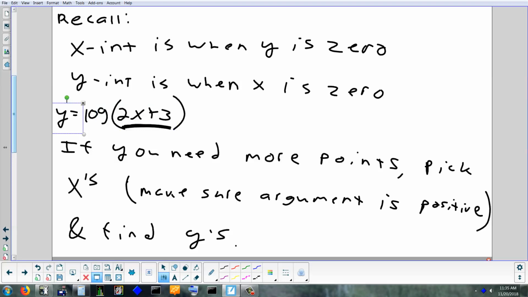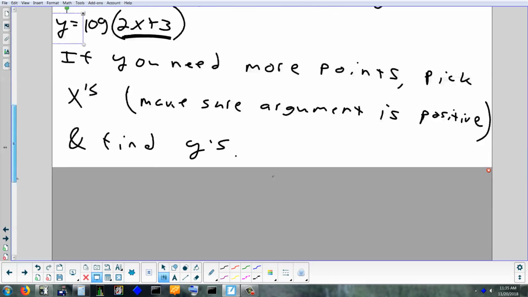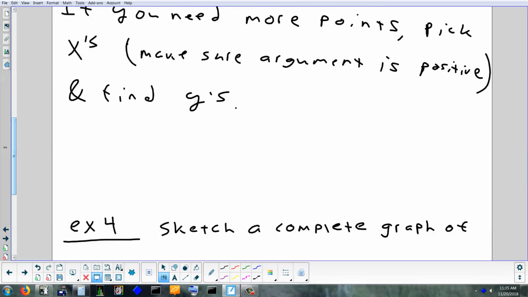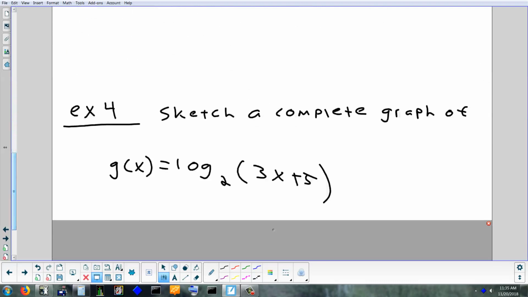And that would be another point on the graph. I would say for these graphs, you're probably going to need about 3 points. Maybe 4. Depends. 3 or 4 points. Okay, so let's try to sketch a graph of the one I have below. So it's log base 2 of 3x plus 5.